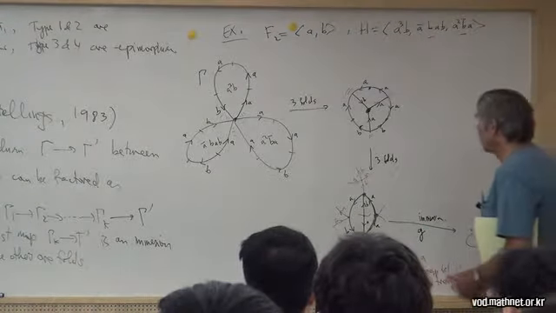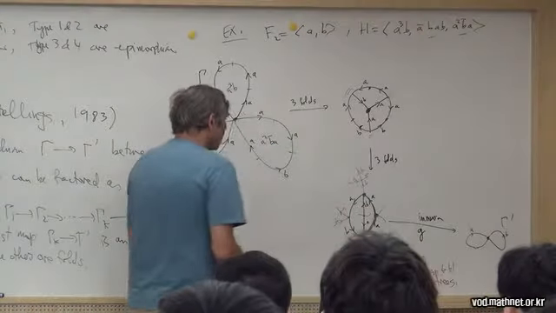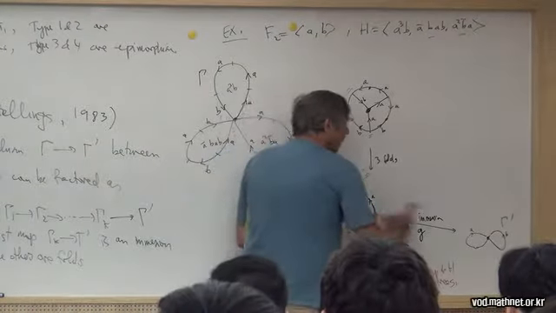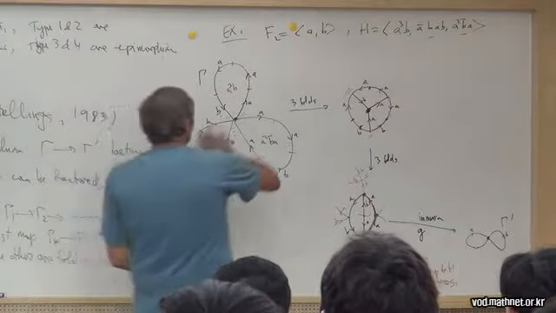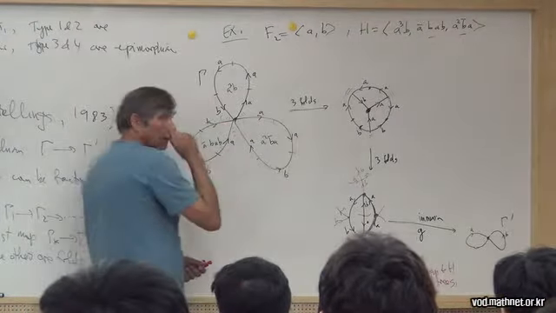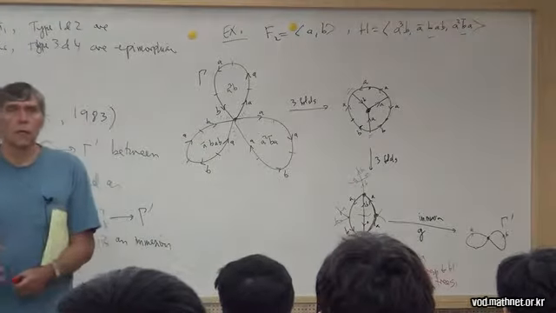In fact, this argument also shows that the immersion you get at the end is unique. You had some choices of how you fold here. You can choose the order of folds and so on.